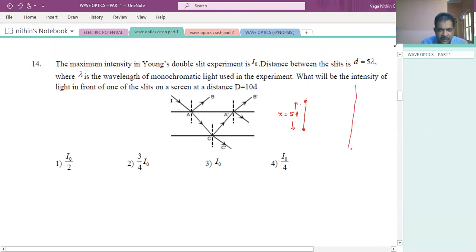Your screen is there. Here, what is the intensity?